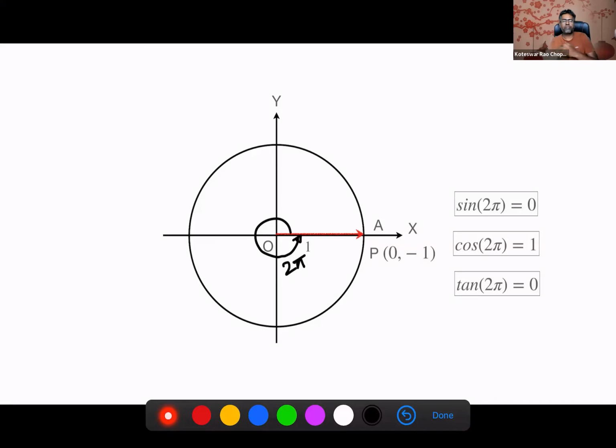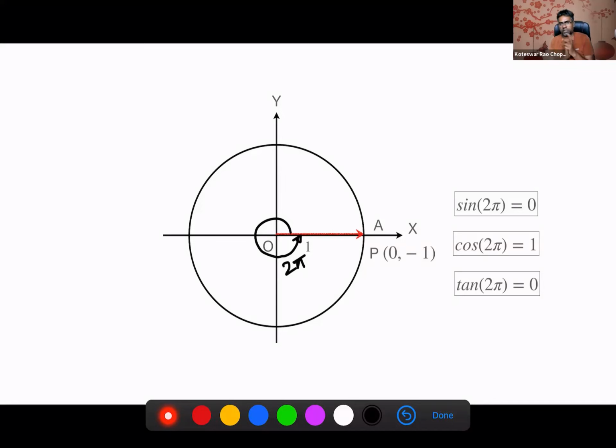But when it comes to the tangent function and the cotangent function, they repeat every half a revolution. So every half a revolution, they have the same set of values. So their repetition pattern is a little different from the repetition pattern for sine, cos, cosecant, and secant.